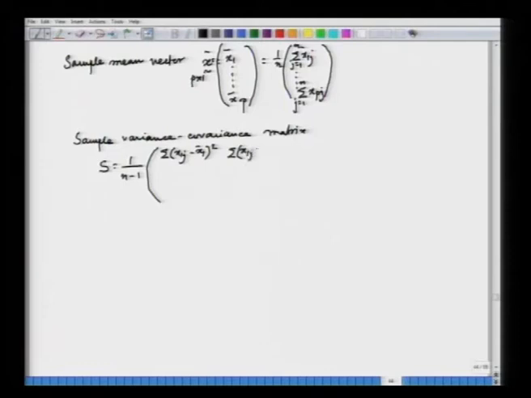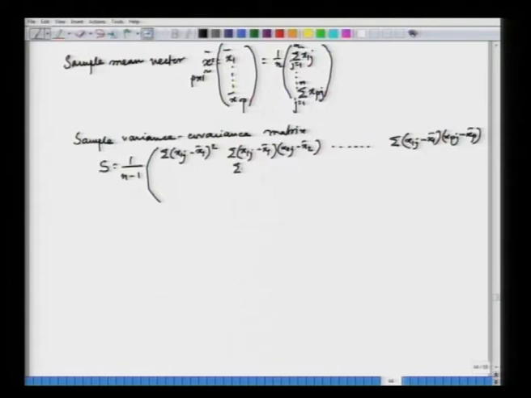So I will have to consider x1j minus x1 bar times x2j minus x2 bar, and similarly the last one in this row gives me x1j minus x1 bar with xpj minus xp bar.